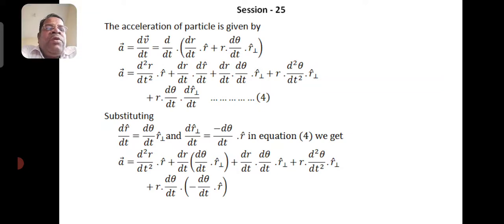Substitute these two in equation 4, we get the next expression, that is a equals d square r by dt square into r cap plus dr by dt into bracket d theta by dt r perpendicular cap plus dr by dt d theta by dt r perpendicular cap plus r into d square theta by dt square r perpendicular cap plus r into d theta by dt into bracket minus d theta by dt r cap.